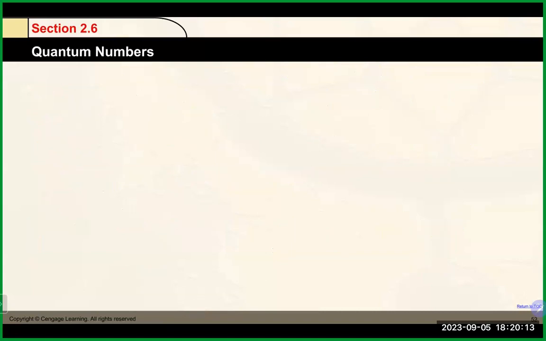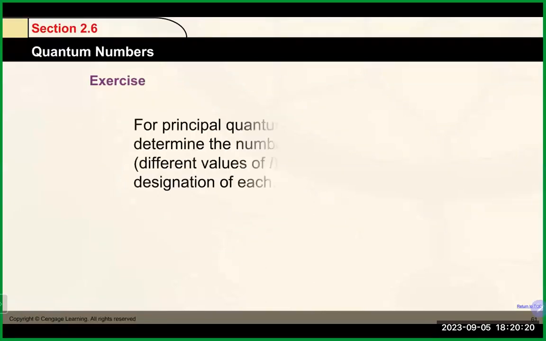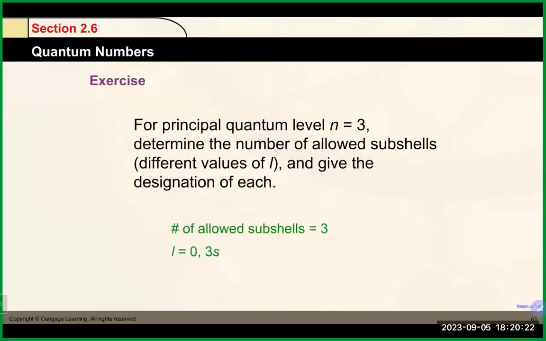Okay. Then we kind of combined a bunch of stuff, so let's take a look and see what we've got going on here. This is what we did earlier, but just to look at it again: if n is equal to 3, determine the number of allowed subshells.